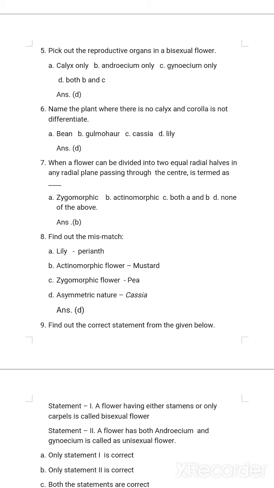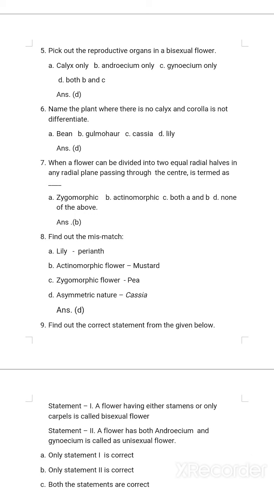Next, seventh question. When a flower can be divided into two equal radial halves in any radial plane passing through the center, it is termed as, options as follows: A, zygomorphic. B, actinomorphic. C, both A and B. D, none of the above. The answer is option B, actinomorphic. Radial symmetry.